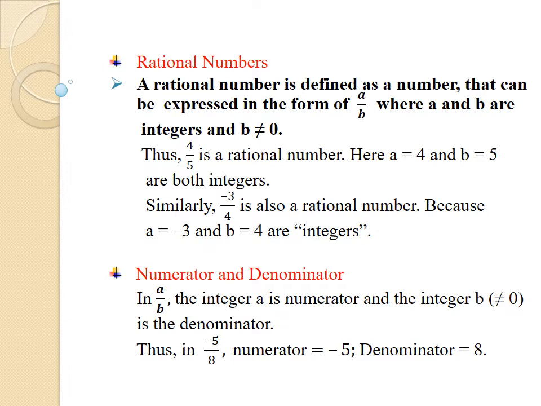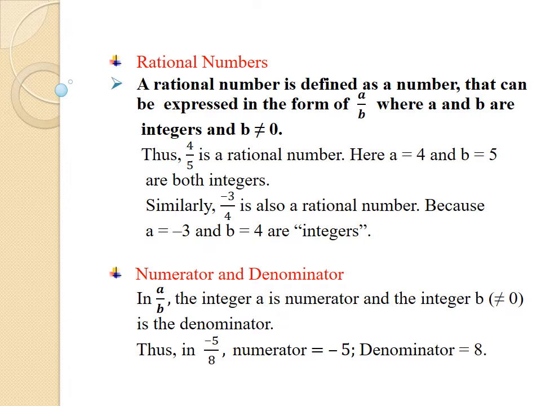For example, 1 can be written as 1 upon 1. Thus, 1 equals 1 upon 1, 2 equals 2 upon 1, 3 equals 3 upon 1, and so on. All whole numbers are rational numbers.